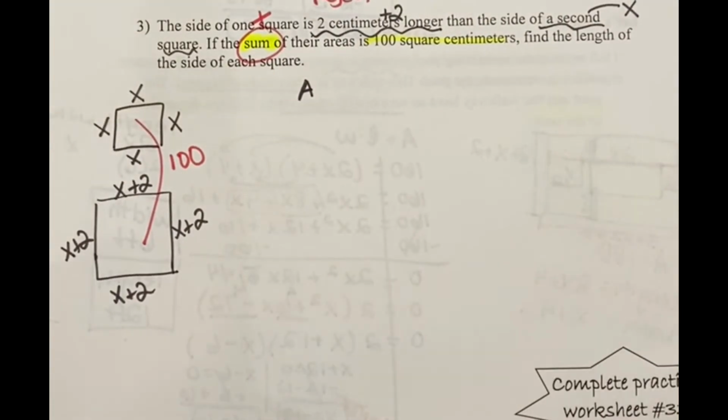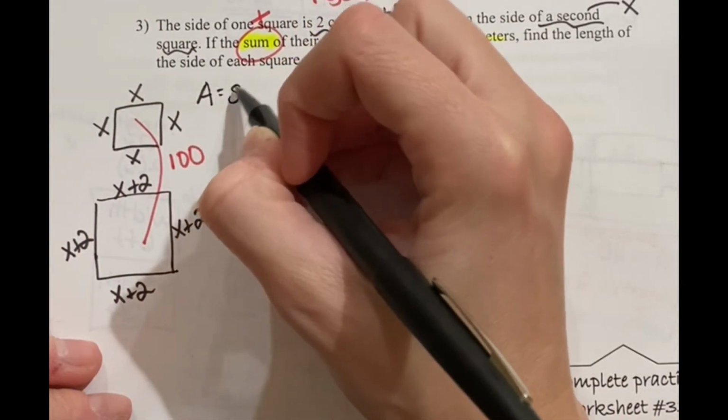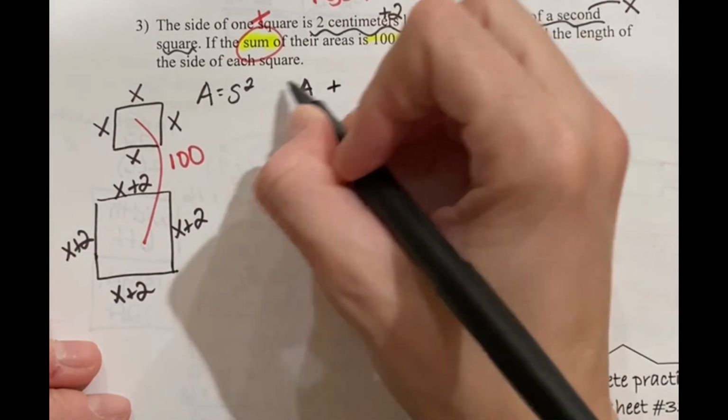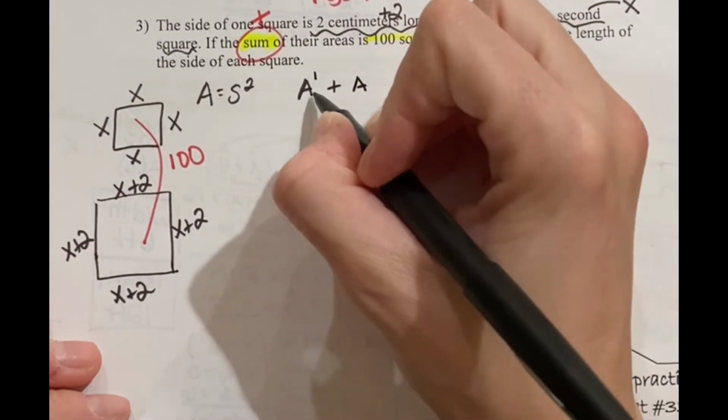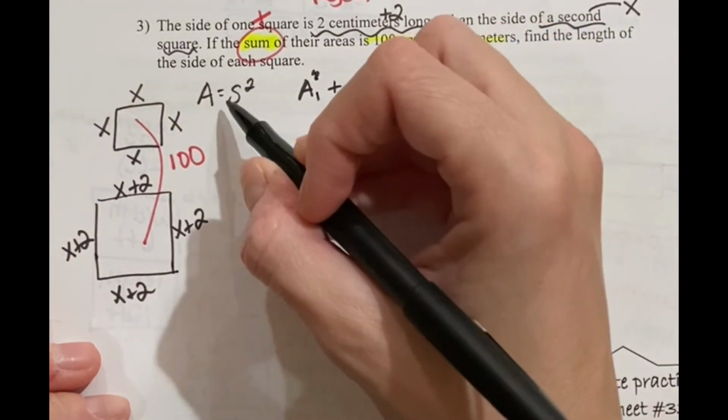So the formula for the area of the square is side squared. So the area of the first square would be the side squared.